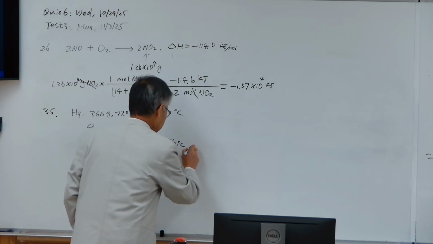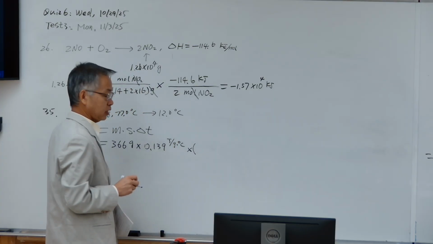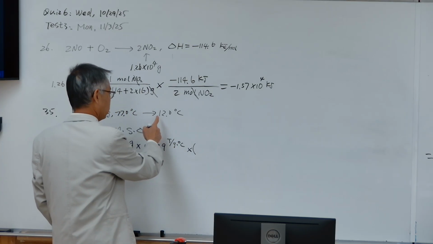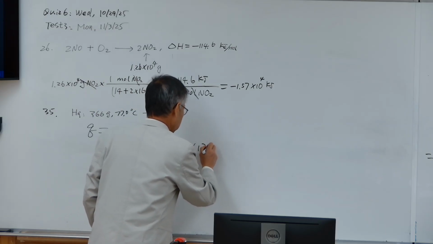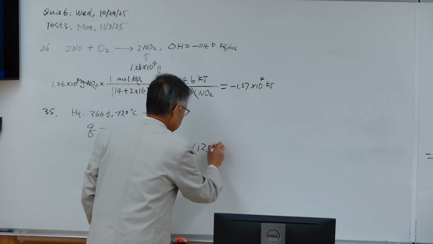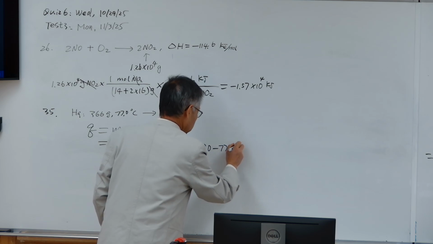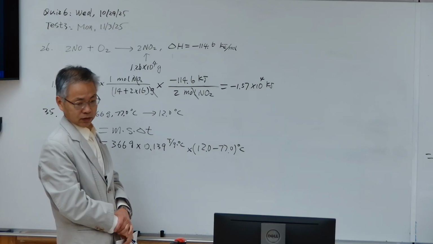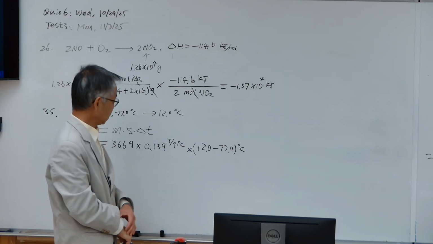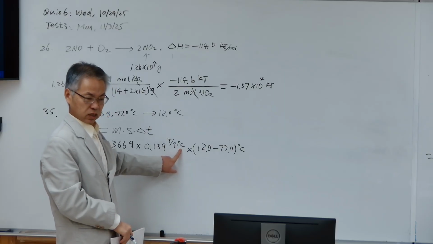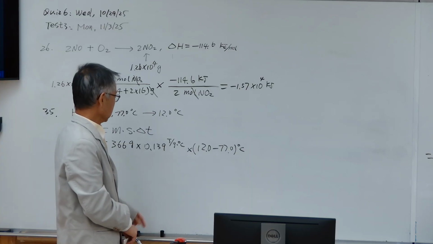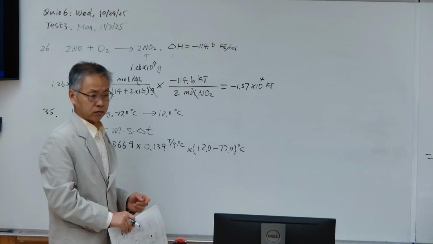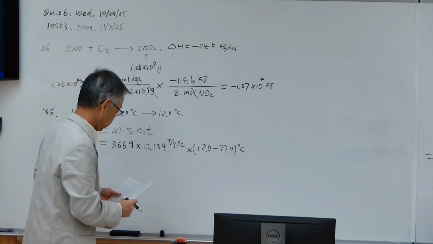Then delta T is final temperature minus initial temperature. Final is 12.0, initial 77.0 Celsius degrees. Don't convert to Kelvin. You can use Celsius directly because the unit is per Celsius degree. Celsius cancels, grams cancel, leaving joules.